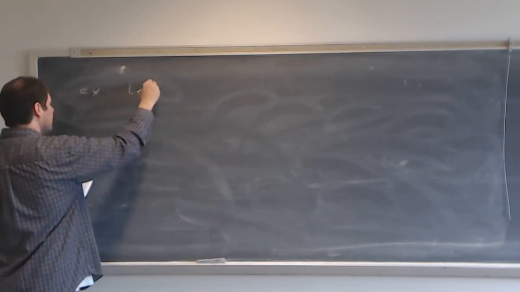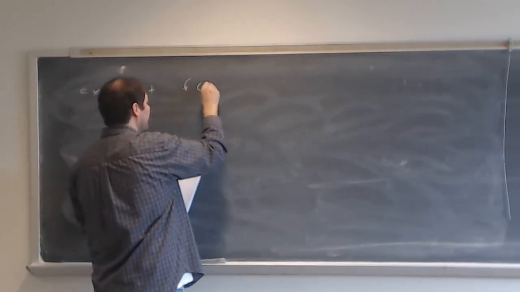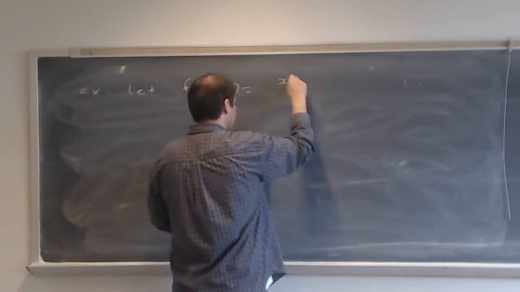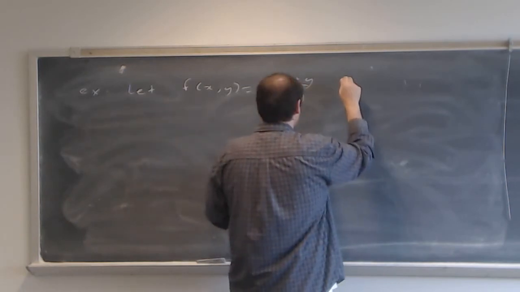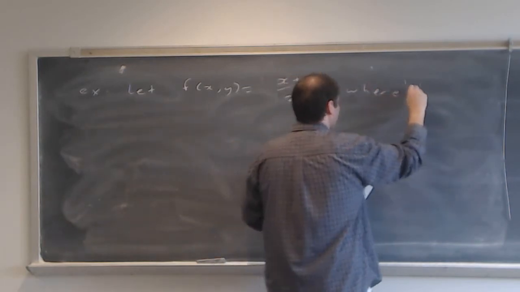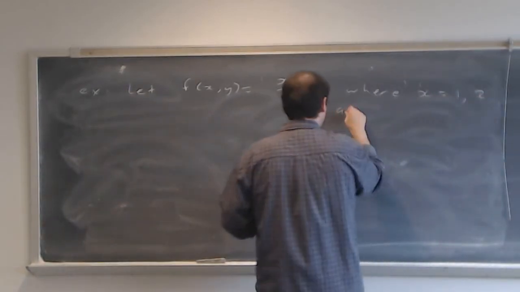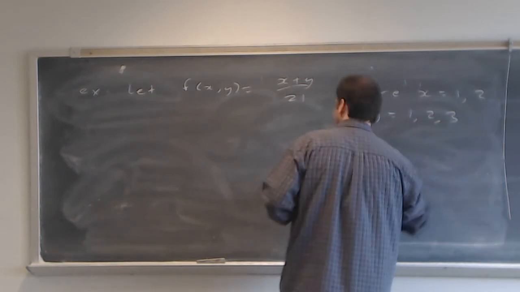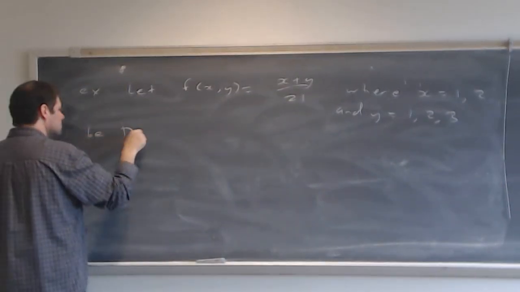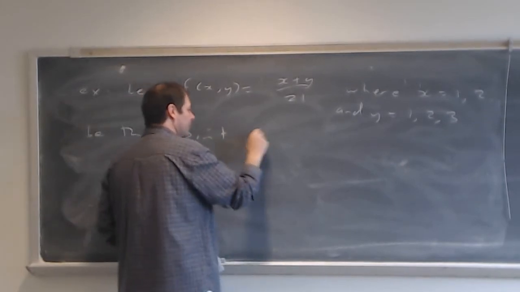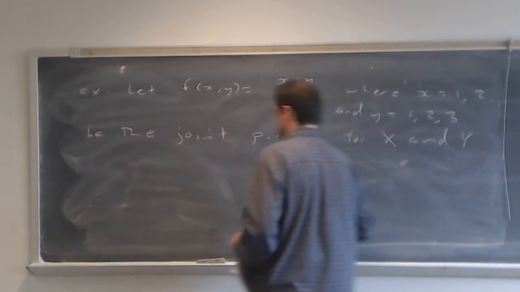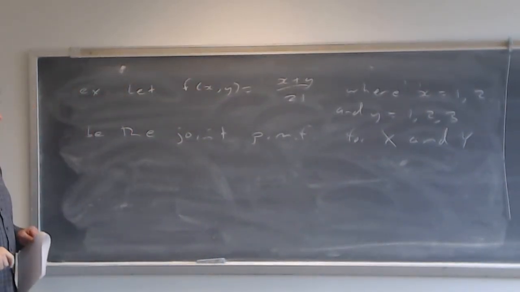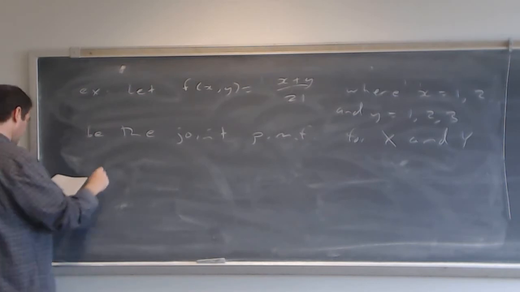Okay, let us look at an example. Let's look at something we're familiar with. Let f(x, y) = (x + y)/21, where x is equal to 1 and 2, and y is equal to 1, 2, and 3, be the joint PMF, probability mass function, for X and Y. Okay, and then here's what we might be asked.